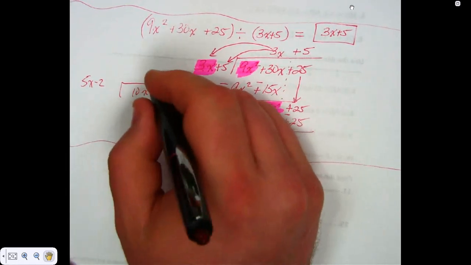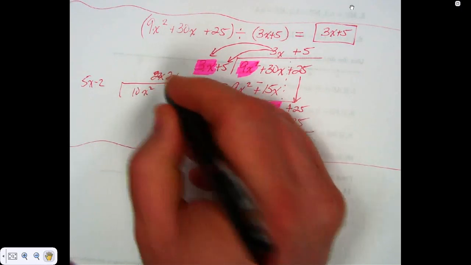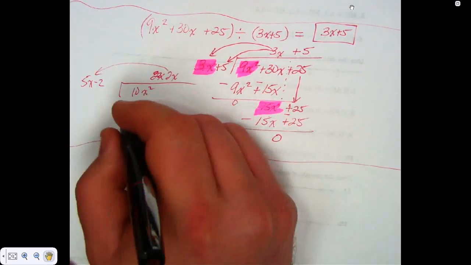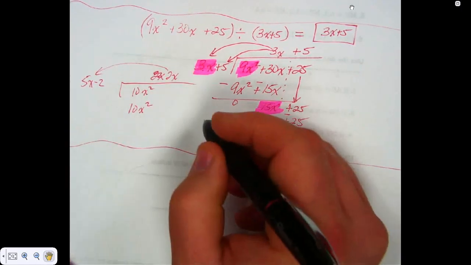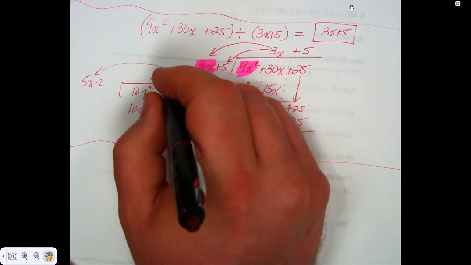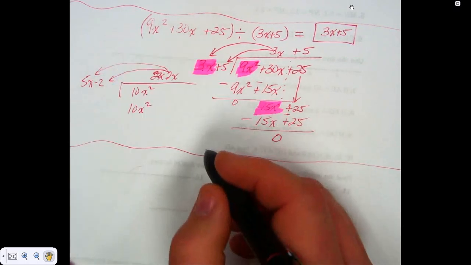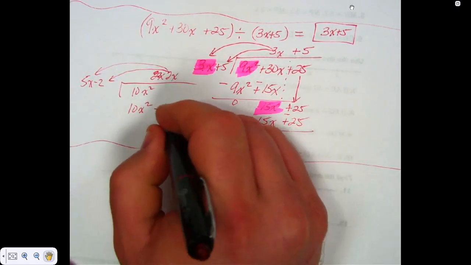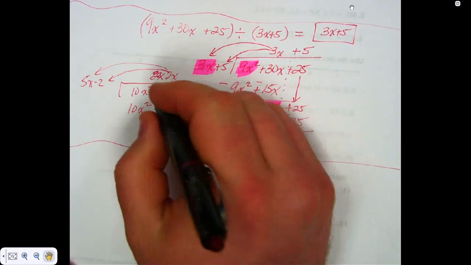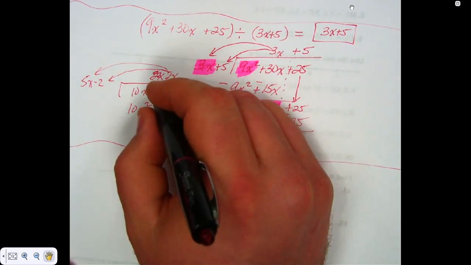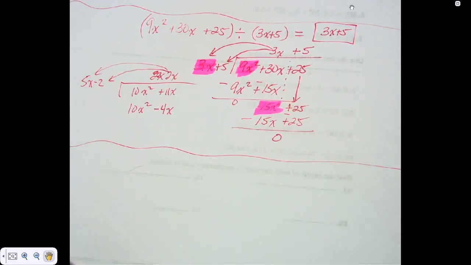So, that's the reason you put 2x over here, because that times that was what? 10x squared, correct? What do I have to multiply that times now? That, correct? Which would give me minus 4x. And then you've got, what is this, plus 11x? Agreed? Is that what you got?